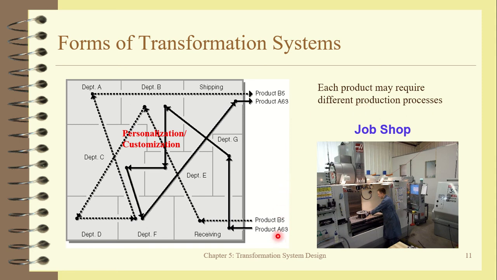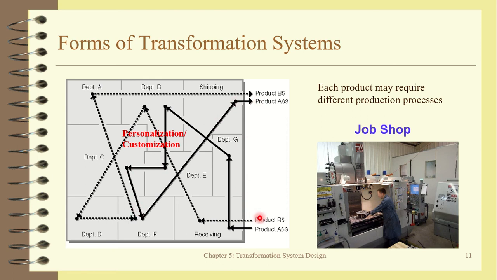For instance, suppose you look at the first product, A63. First, the production process requirement is that the first operation goes to department G, and then B, and then E, and then C, F, and finishes at shipping. This is the routing of product A63.